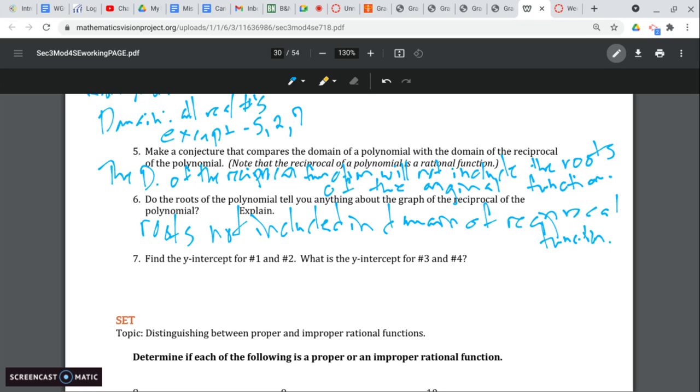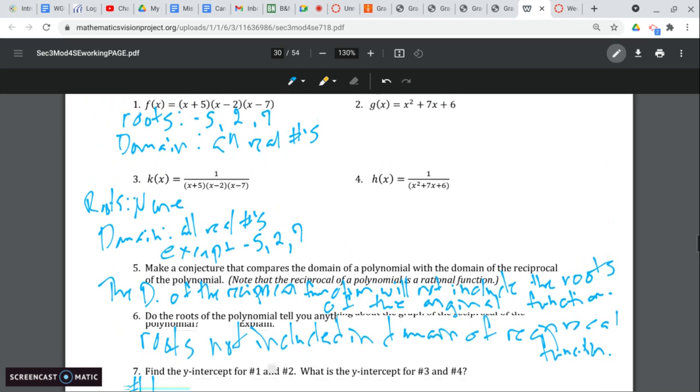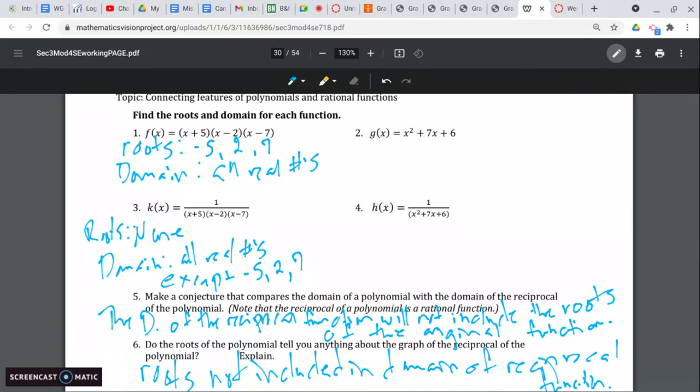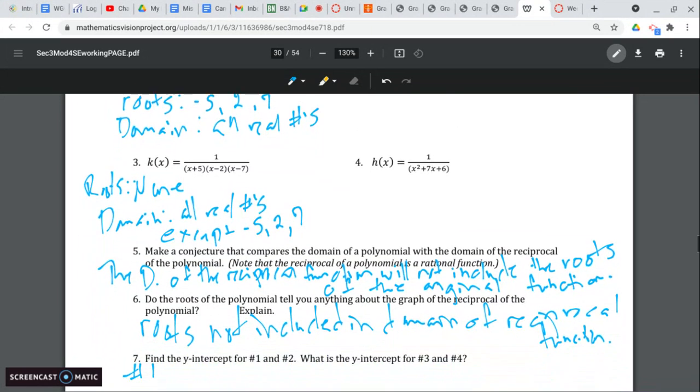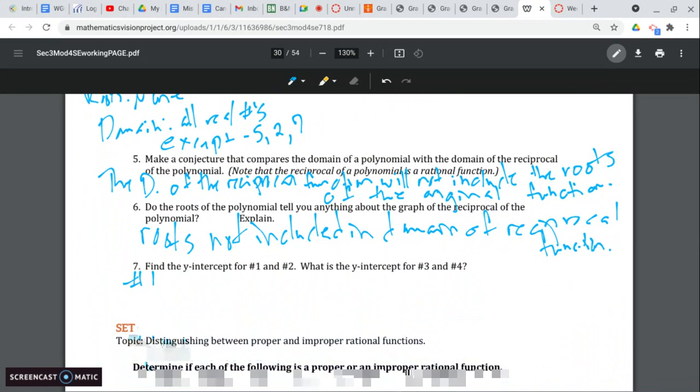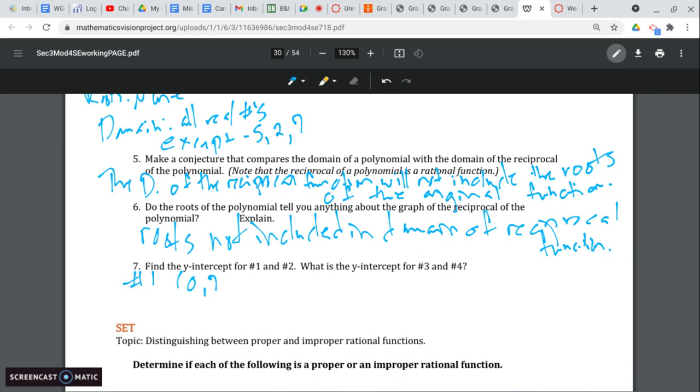All right, find the y-intercept for 1 and 2. What is the y-intercept for 3 and 4? So for number 1, if we multiply 2 and 7 and 5 together, that'll get us our y-intercept, which gives us 70. So 0, 70 would be our y-intercept for that one.